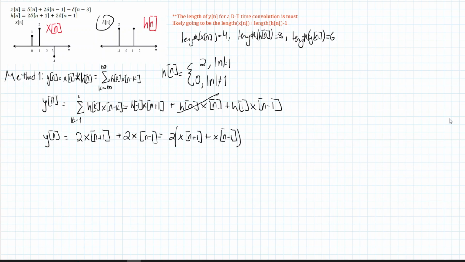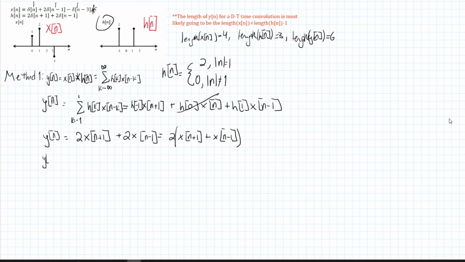Now from there, x of n plus 1, that's a whole signal, and that's defined right here, right? So we can take the definition of x of n up here and replace it with x of n plus 1. All we're going to do is change out these n's right here, and right here, with n plus 1.